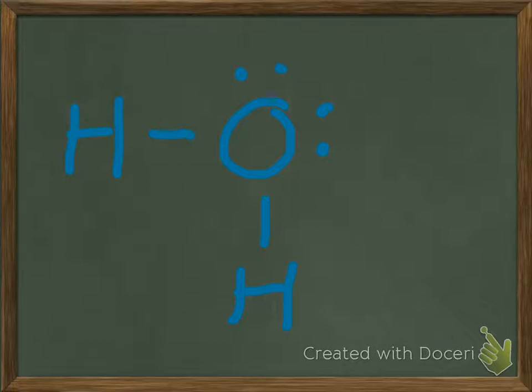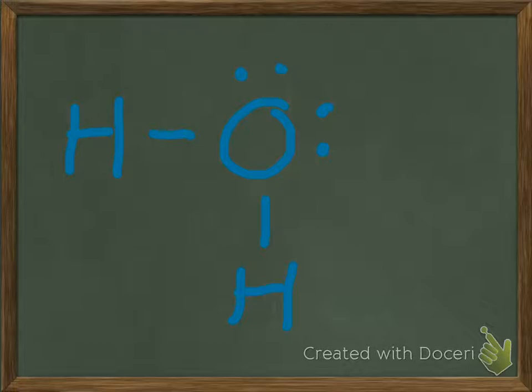So if it's bent like this one is, I want to make sure that I draw my hydrogens in a bent shape. If it's tetrahedral, I want to make sure and draw it in more or less a tetrahedral type shape, and so on and so forth. I want to make sure that my shape is as close to accurate in a two-dimensional way as possible as I draw that, because that's going to help me in determining whether this molecule is what we call polar or not.